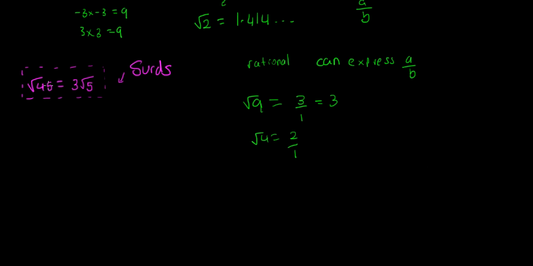And if you decide to plug root 45 into your calculator to find out what this value is exactly, you probably get 6.71, or 6.708, but I rounded it up.